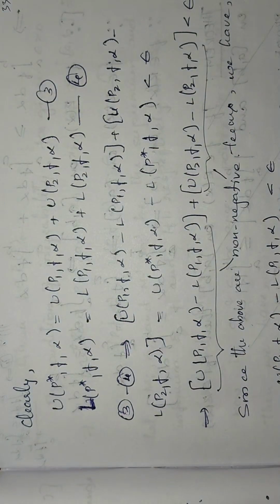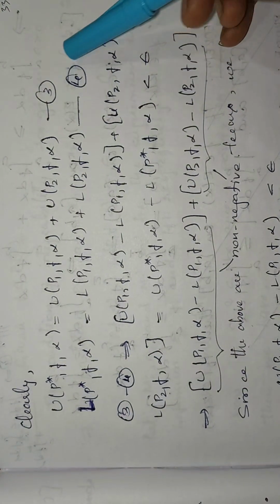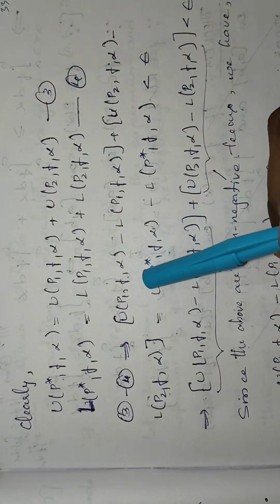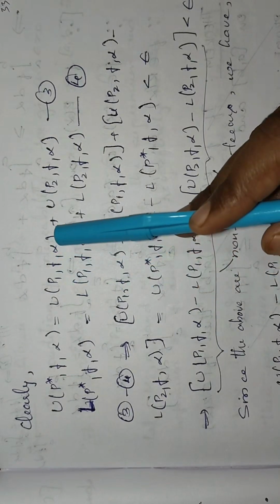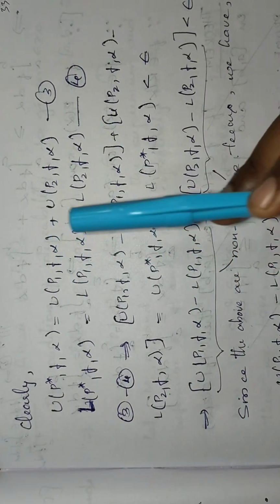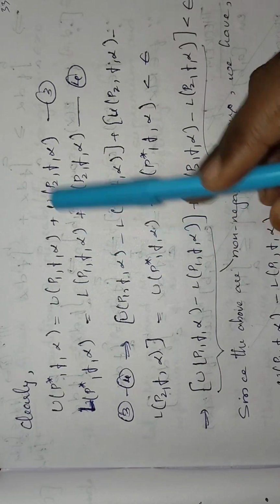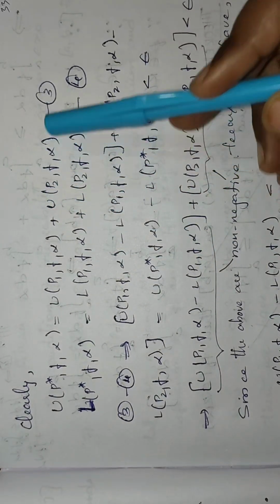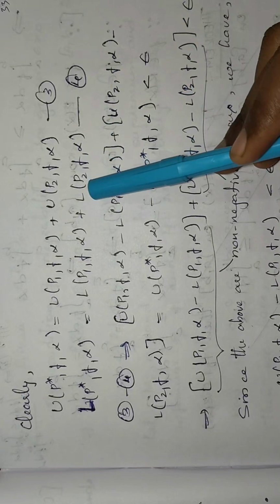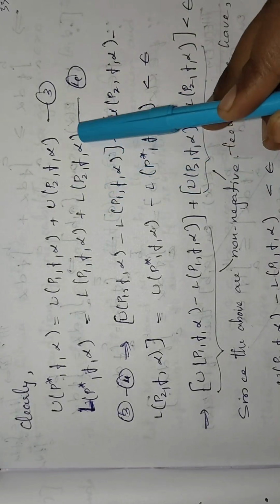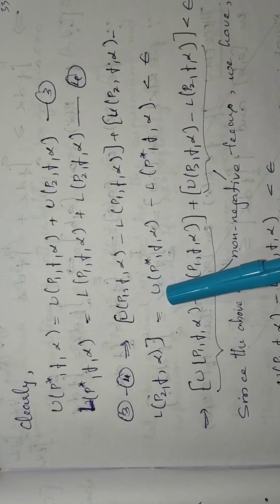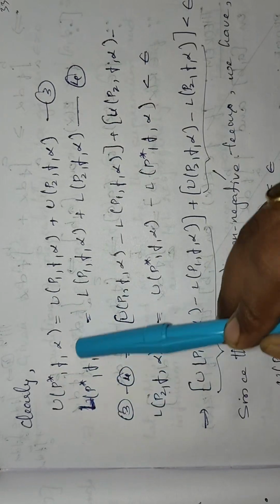If I subtract these two equations, I have U of P1 comma f comma alpha minus L of P1 comma f comma alpha plus U of P2 comma f comma alpha minus L of P2 comma f comma alpha equal to this minus this.